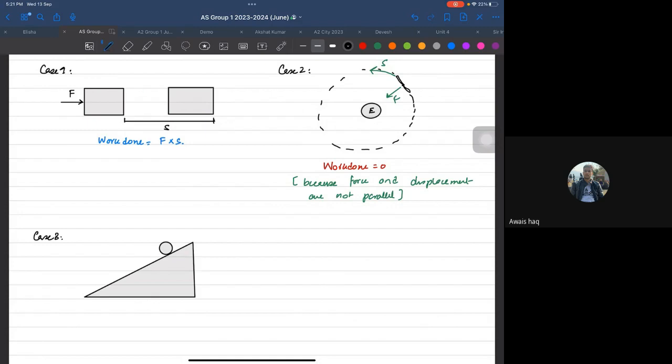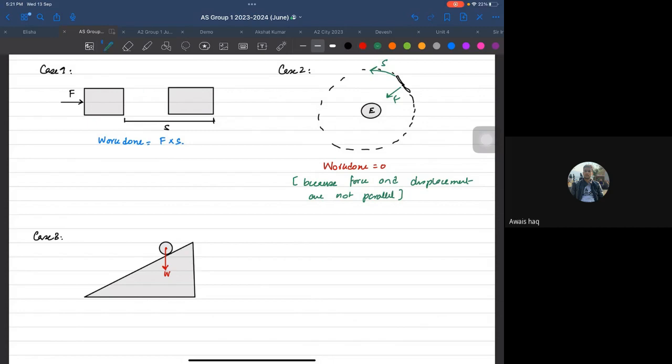All right. So naturally, we'd say the weight of the object is going to be down. Now, I told you in the forces chapter how to resolve these forces on a slope. I hope you guys remember.